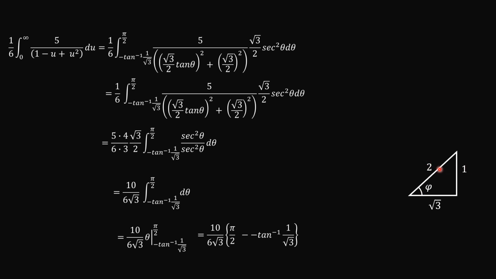Then the hypotenuse becomes 2, so we all know very famously that 1 over 2 being the sine of the angle phi would mean that phi is pi over 6. So this becomes 5 root 3 over 9 times pi over 2, negative becomes a plus, pi over 6. So 5 root 3 over 9 times 4 pi over 6 is the answer.